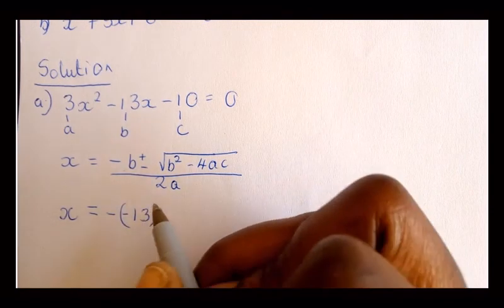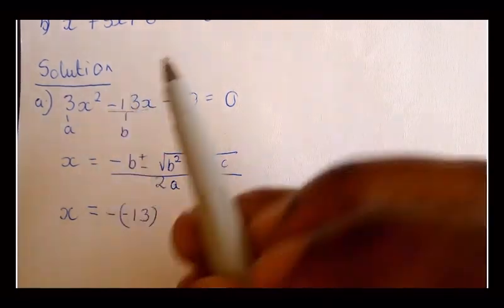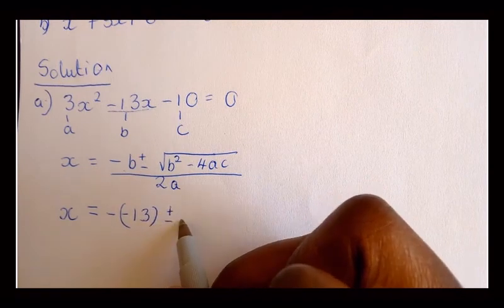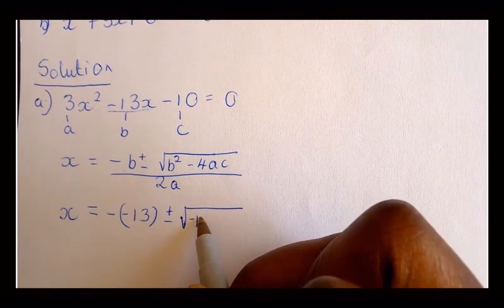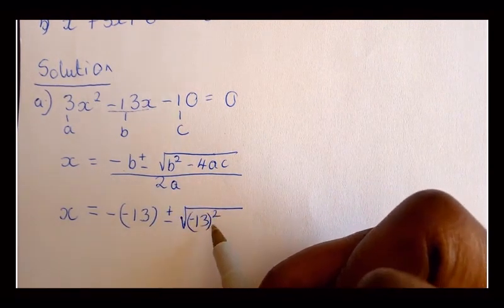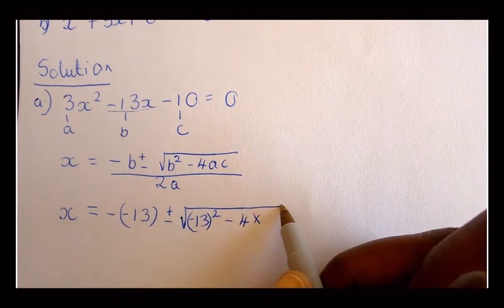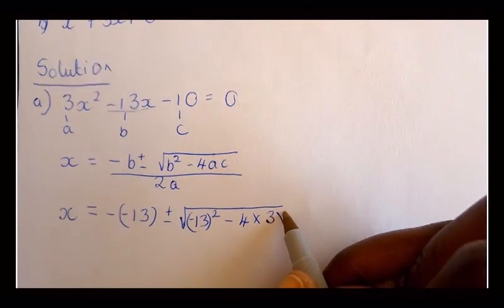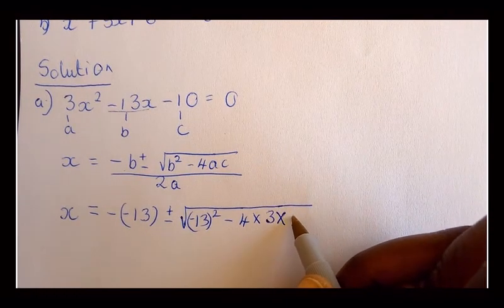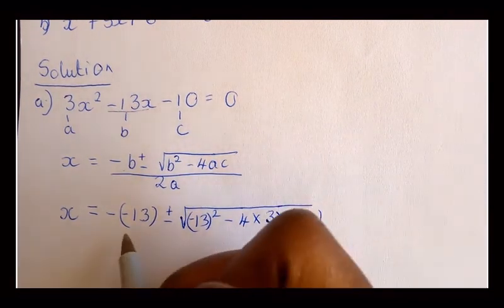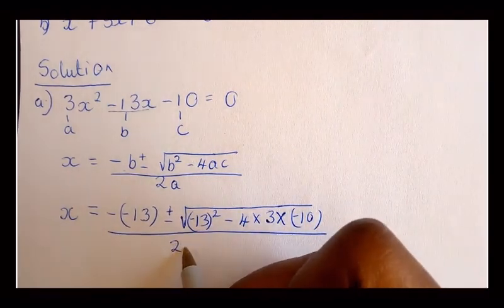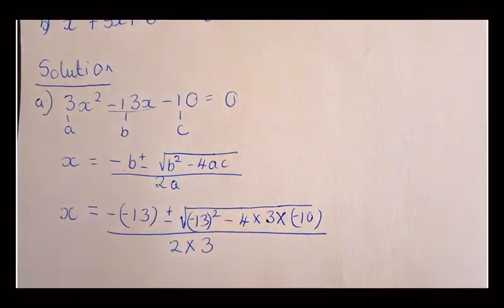In this case, our b is negative 13, plus or minus the square root of negative 13 squared minus 4 times our a, which is 3, times our c, which is negative 10, all over 2 times 3, our a.